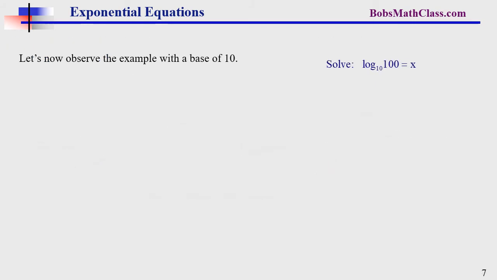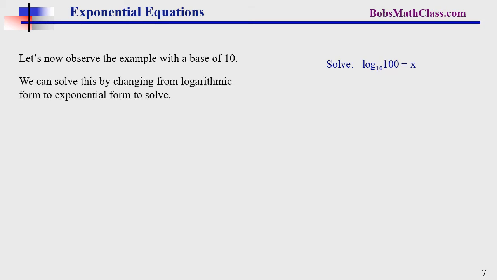So let's go back and look at this example. Log of 100 base 10. Now the calculator told us it was 2, right? So what we're going to do is change it. Right now it's written in logarithmic form. So which number is the base? The base is 10, right? And which number is the exponent?